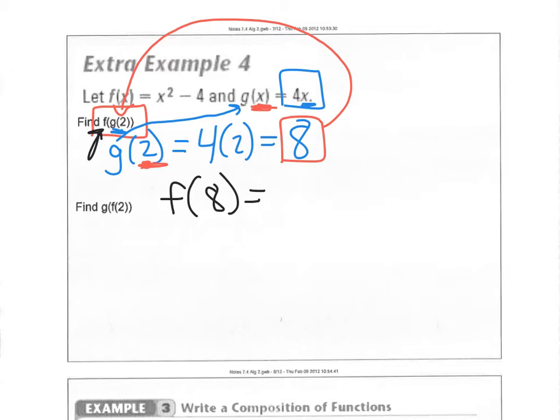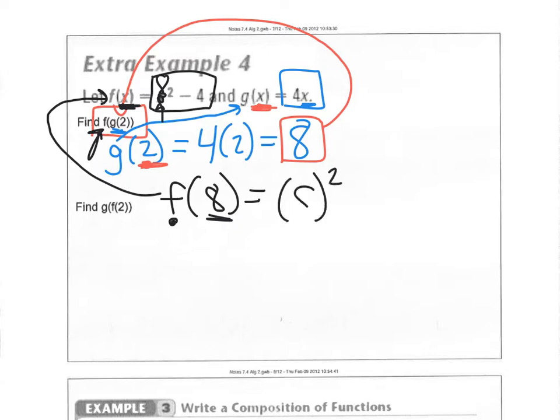To find that, it tells me to go to the f function, which is right here, and I notice f of x is x squared minus 4. They don't want me to put x in there, they want me to put an 8. So I take that x out, and I put an 8 in its place. So I would write, instead of x squared, 8 squared minus 4. Simplify that, you get 64 minus 4, or 60.